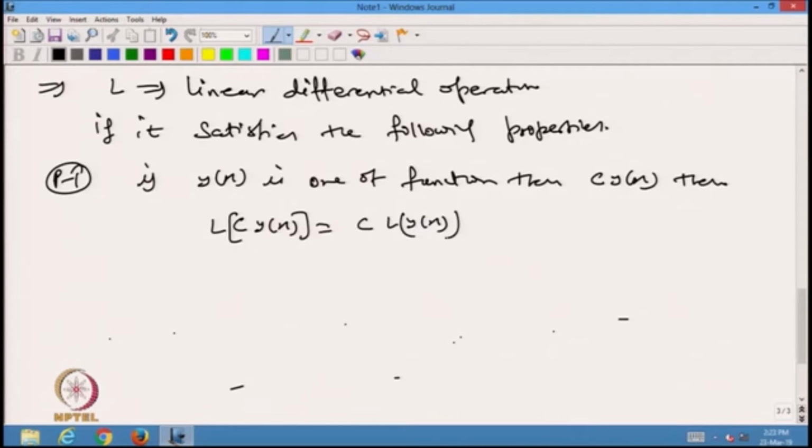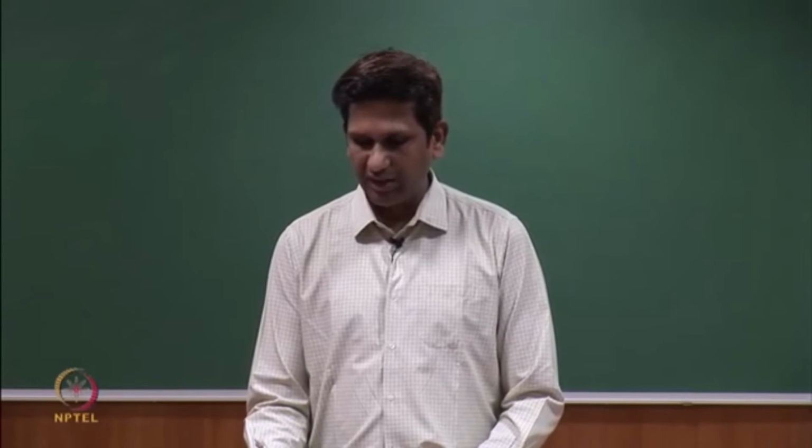So, this is the function I have defined as my L here, and now I do the scalar multiplication of y(x) and operate with the same operator, then I should get this one.